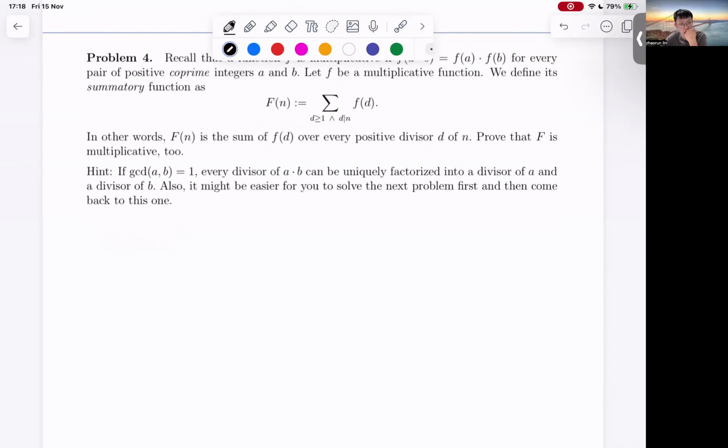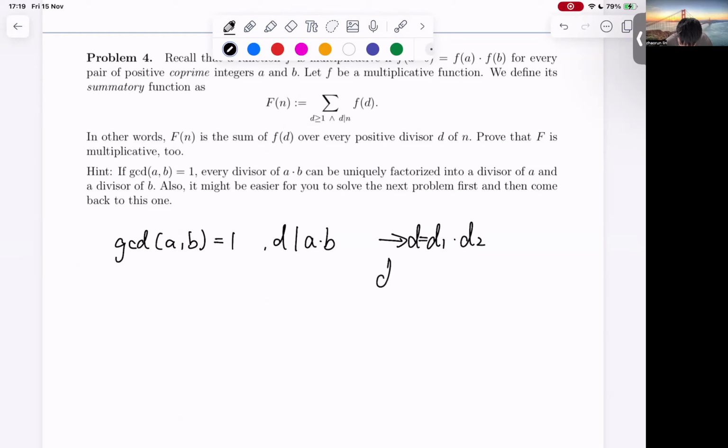To prove this, we have to use the fact, which is actually a hint to this question, that if GCD(a, b) is 1, then every divisor of the product of a and b can be factorized as d1 and d2, where d1 is a divisor of a and d2 is a divisor of b. So we have to use this fact.